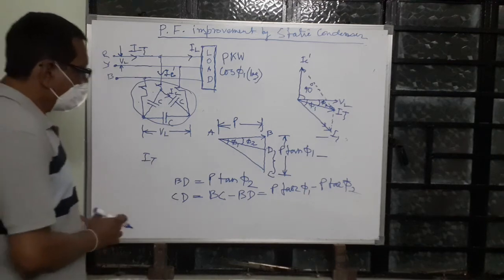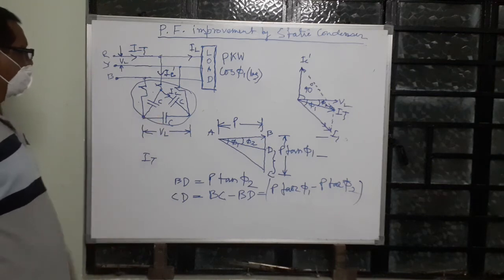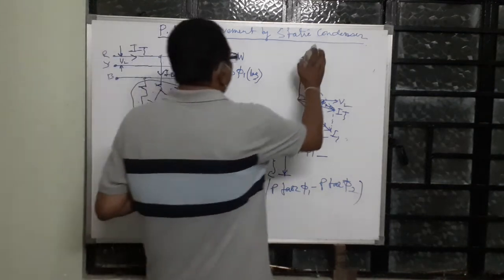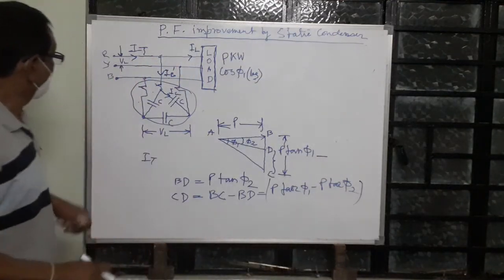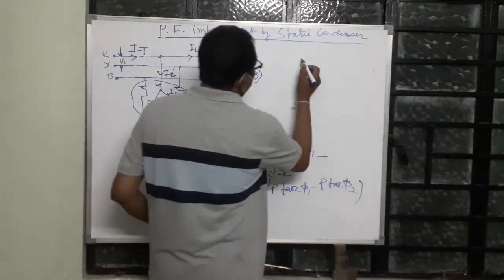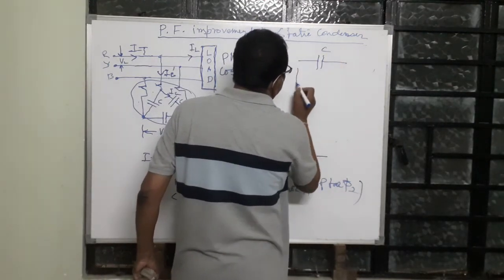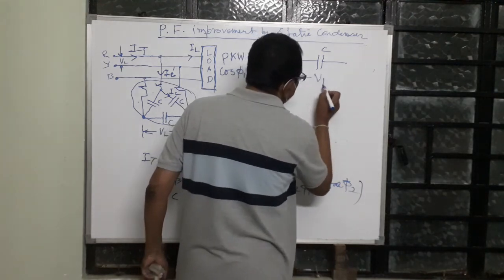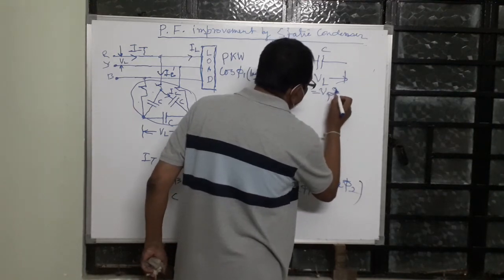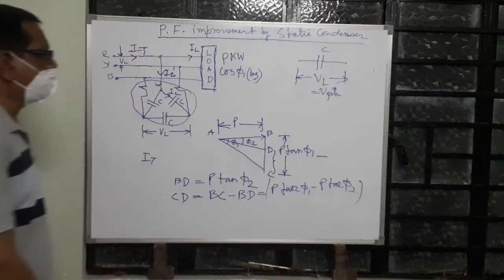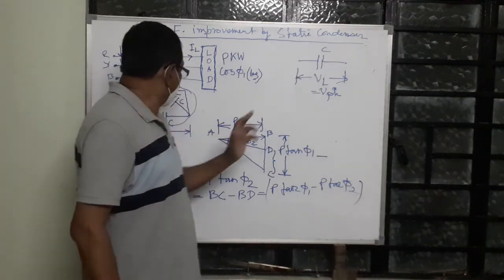Now we calculate the rating of the capacitor, C. Suppose we draw a single capacitor C. The voltage across it is VL, which we can also write as V phase, because in a delta system line voltage and phase voltage are equal. We know the kVAR rating of the total system.